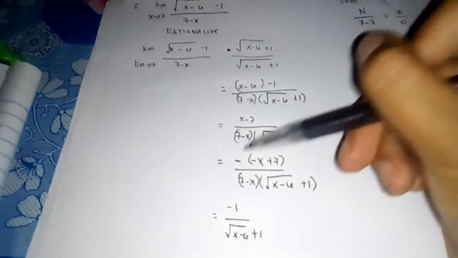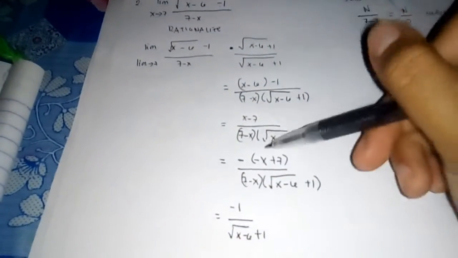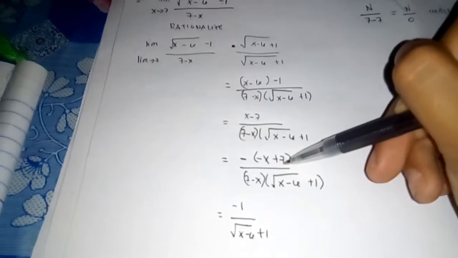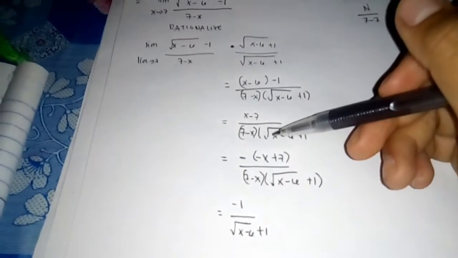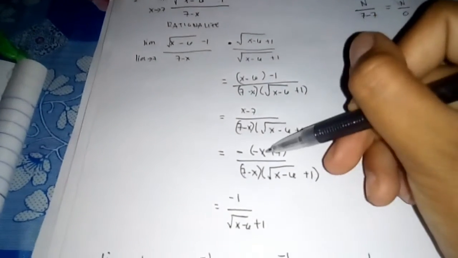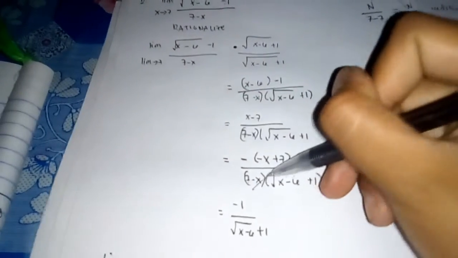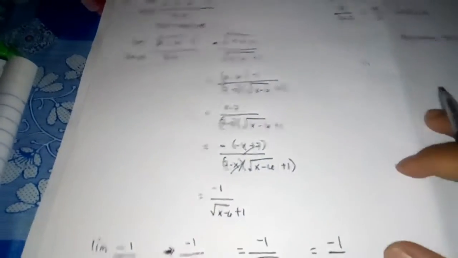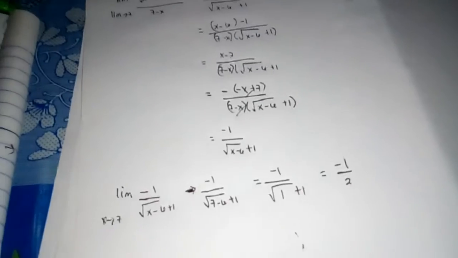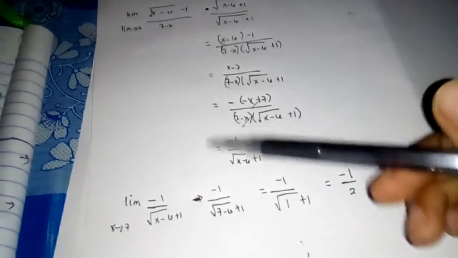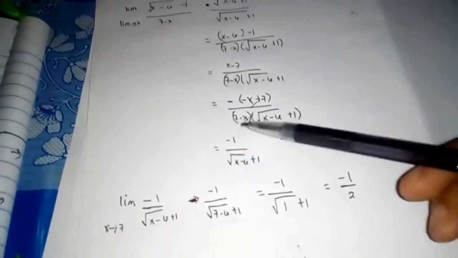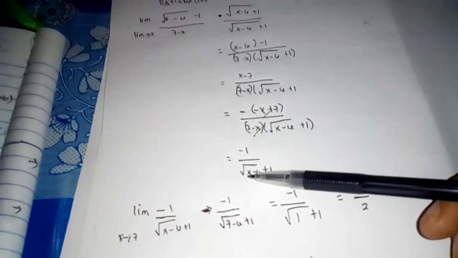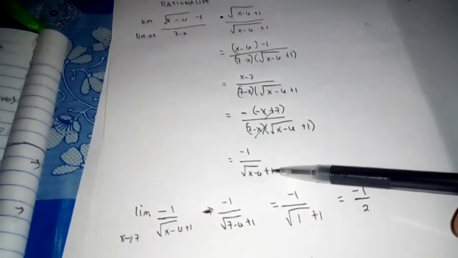So here is the negative, and negative x plus 7. So now we can cancel out, and the answer is negative 1 over the square root of x minus 6 plus 1.